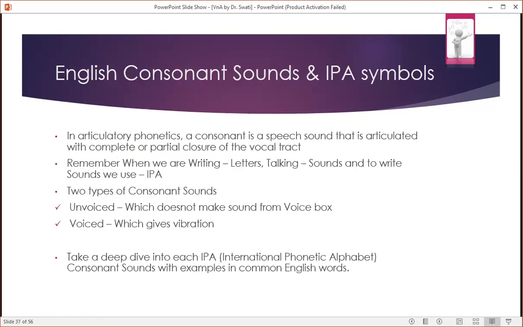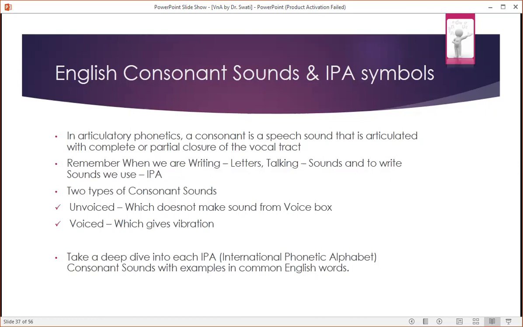Now we should be aware of sounds, which is given by IPA, the International Phonetic Alphabet, right? So in articulatory phonetics, a consonant is a speech sound that is articulated with complete or partial closure of the vocal tract. Please remember, when we are writing anything in this language, it comes in the form of letters, right?